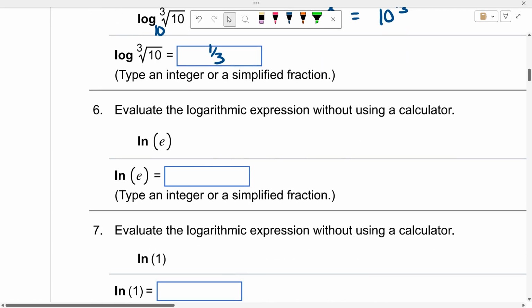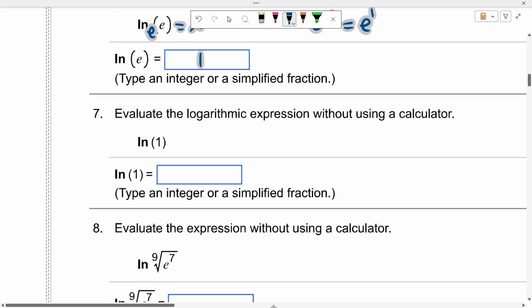Ln of e. Well, e is the base. So e to the x equals e, so it must be 1, because x must equal 1. Ln of 1, here's an e. E to the x equals 1. What is that? Then I write down the answer. E to the x equals 1.